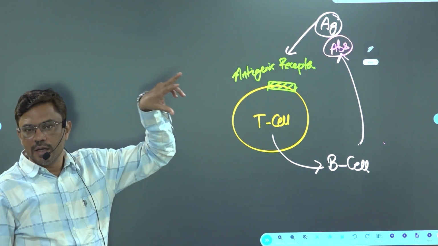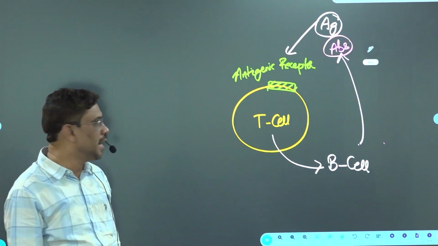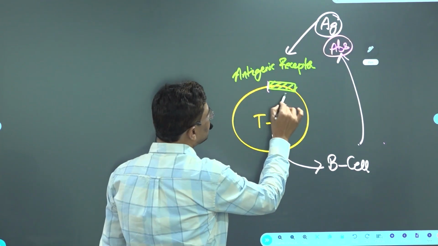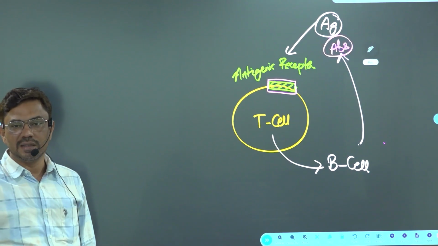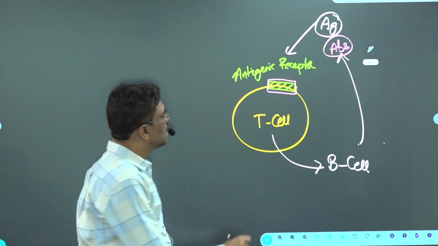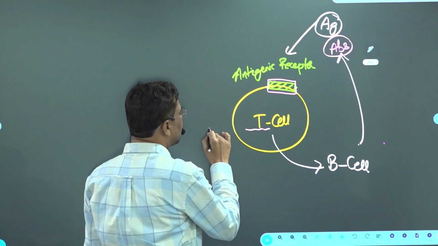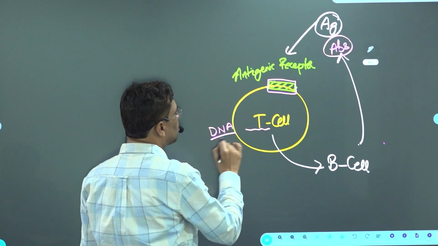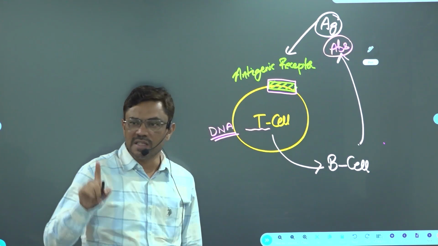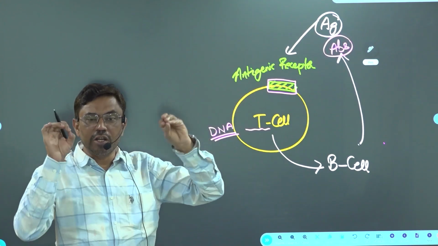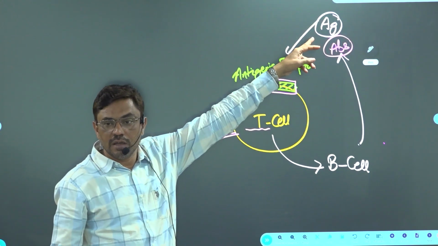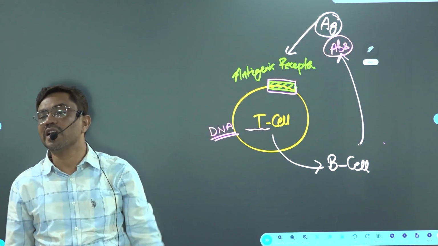Is it clear? In this CAR T cell therapy, the scientists have altered this antigenic receptor, the chimeric antigenic receptor. That means the DNA responsible for this antigenic receptor has been modified in such a way that it works 24/7. It continuously identifies the antigen responsible for the cancer.